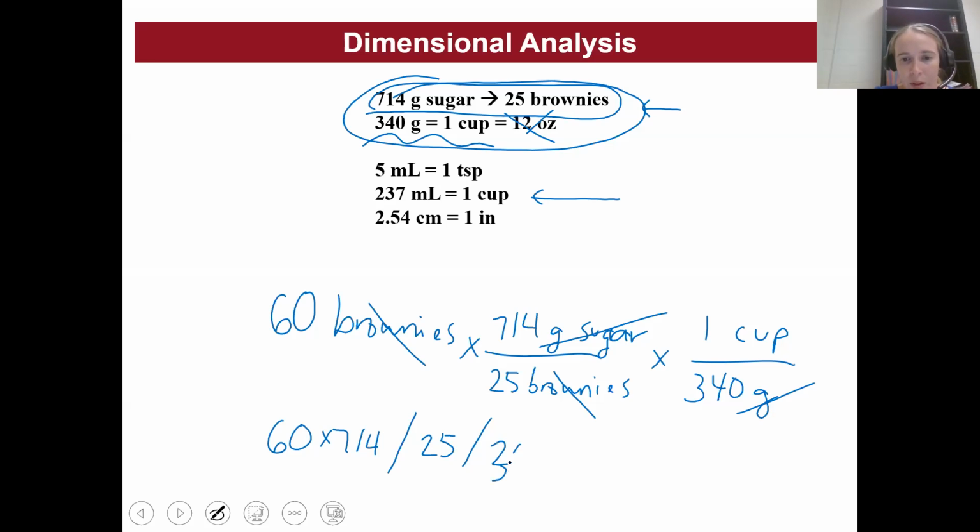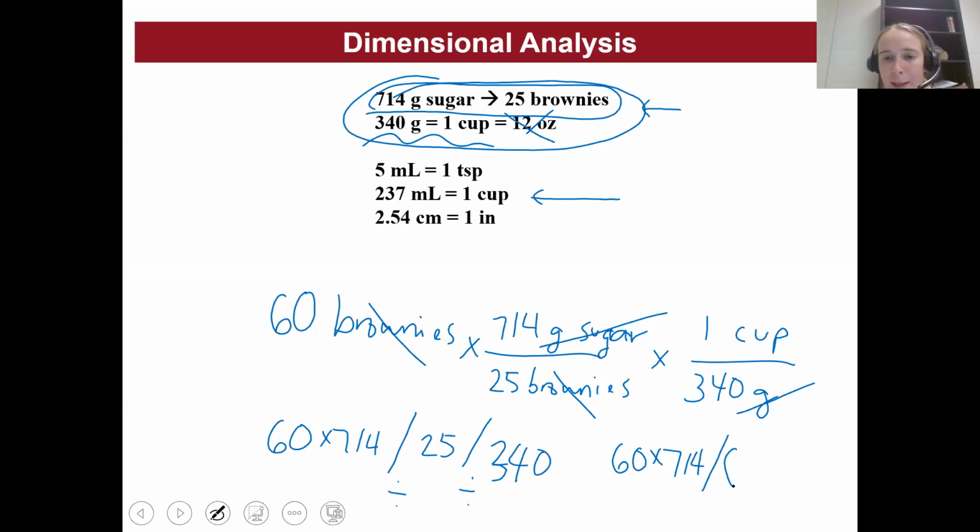It looks like this. It could be a slash or this little division symbol. When you plug it into your calculator, I would do it that way. If you don't do it that way, make sure you do it like this.